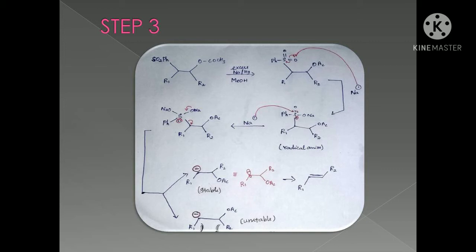Here, the anion formed is sufficiently long-lived and permits it to adopt a low energy conformation, by which the p orbital of carbanion should be antiperiplanar to the acetoxy leaving group and the bulky substituents are as far as possible, so that it becomes a stable anion and it leads to the trans alkene. This is the stereoselectivity of this reaction, and as always the product of the Julia olefination reaction will be trans alkene.